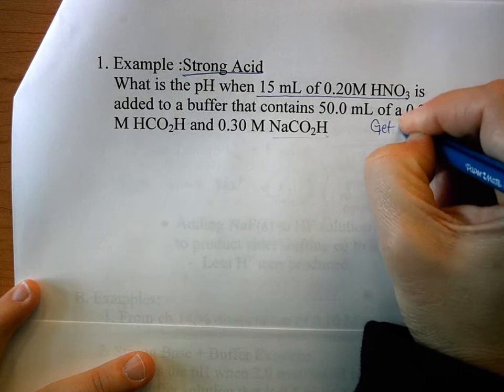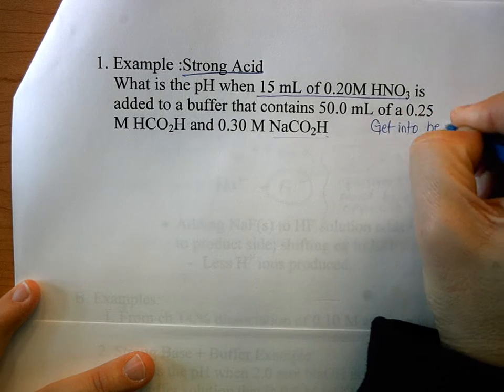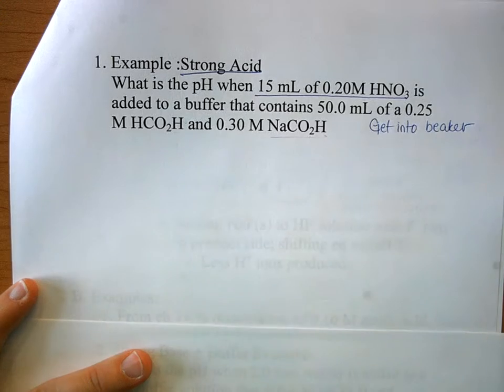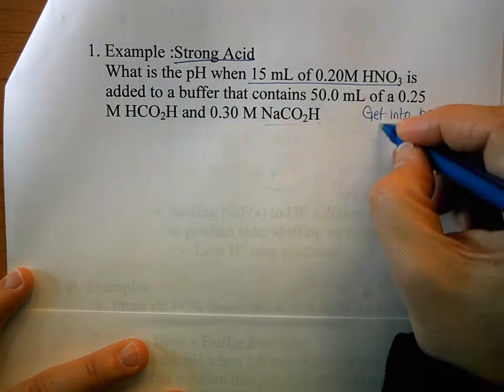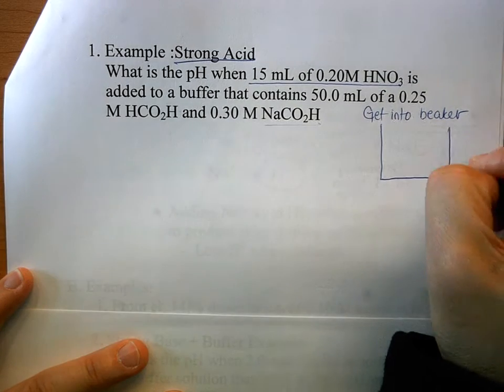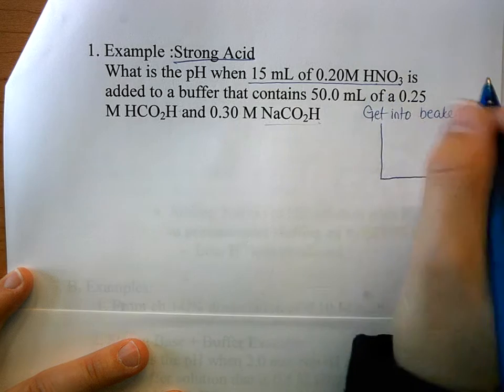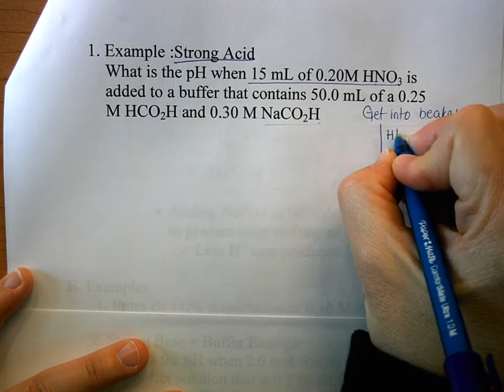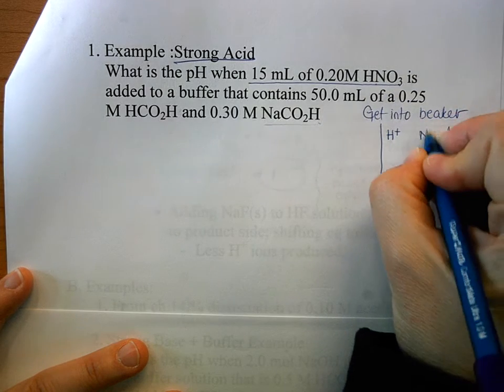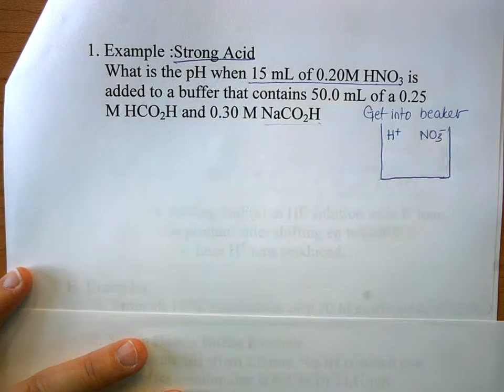So remind yourself with all of these that you get into the beaker and you see what is going on. So let's get into the beaker and see what we have. With HNO3, I know that that is a strong acid, so I've got hydrogen ions, I've got nitrate ions.